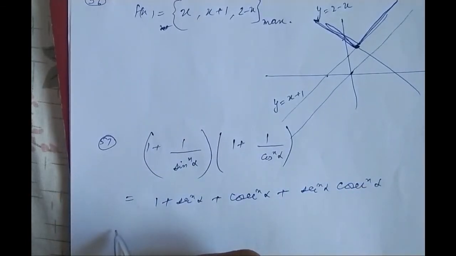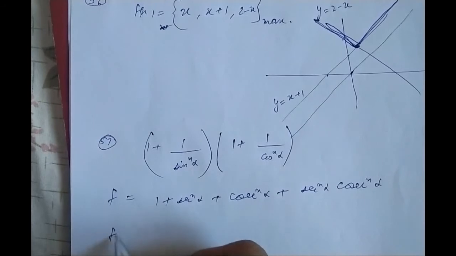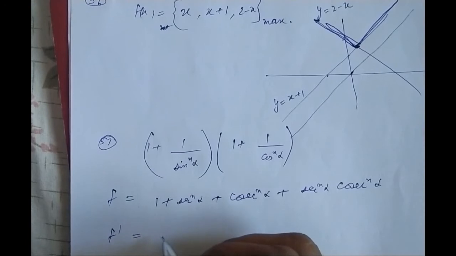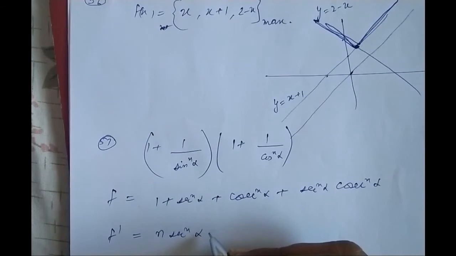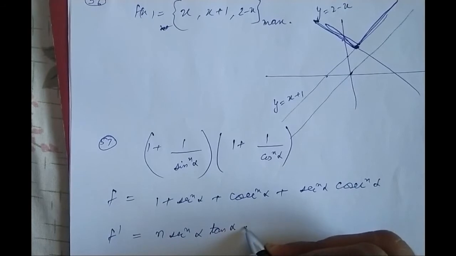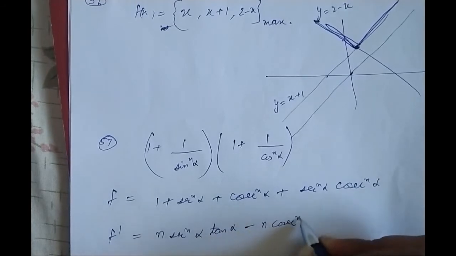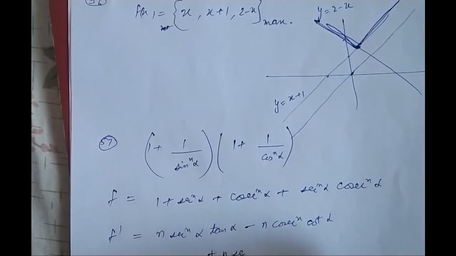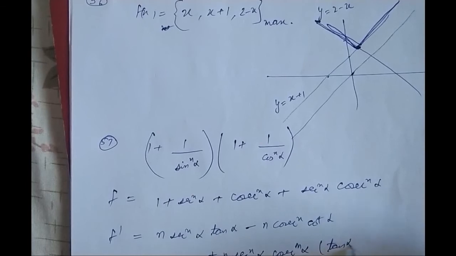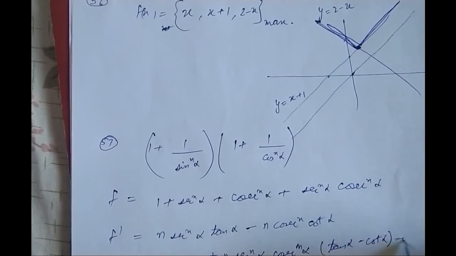Now f dash with respect to alpha should be equal to 0, and sec power n tan alpha minus n cosec power n cot alpha, sec power n alpha, cosec power n alpha, tan alpha minus cot alpha is equal to 0.